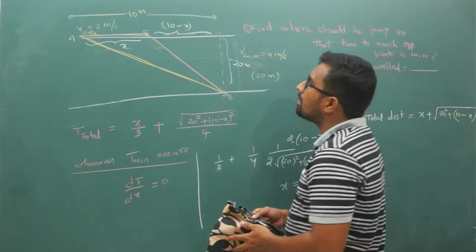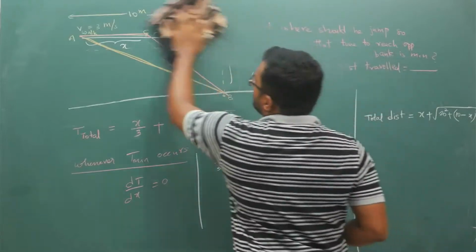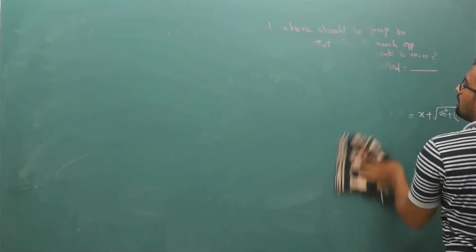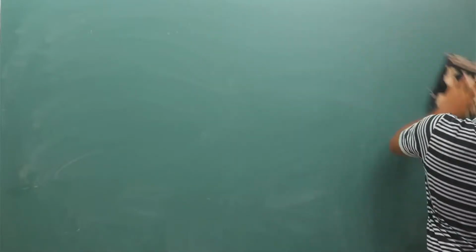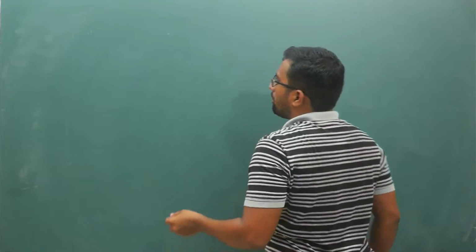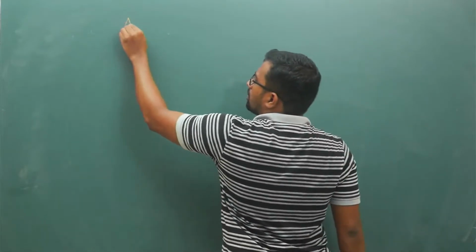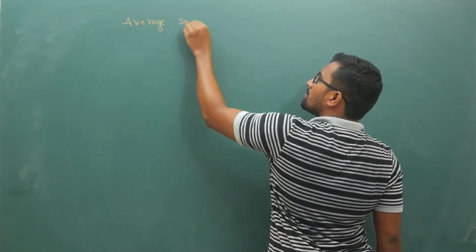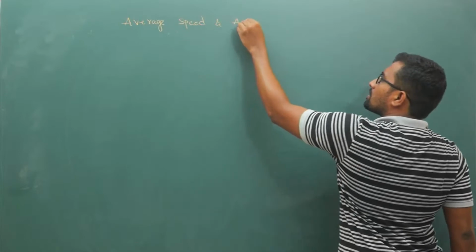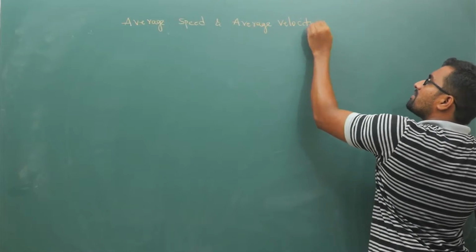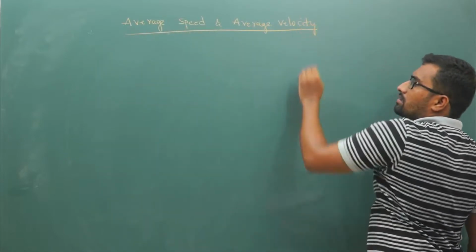Now we are going to continue further. In other situations where motion of the body is involved, we need basic kinematics equations, so I'll come to that part separately. Next is the basic idea of average speed and average velocity. In maths the average is different, in physics the average is different.